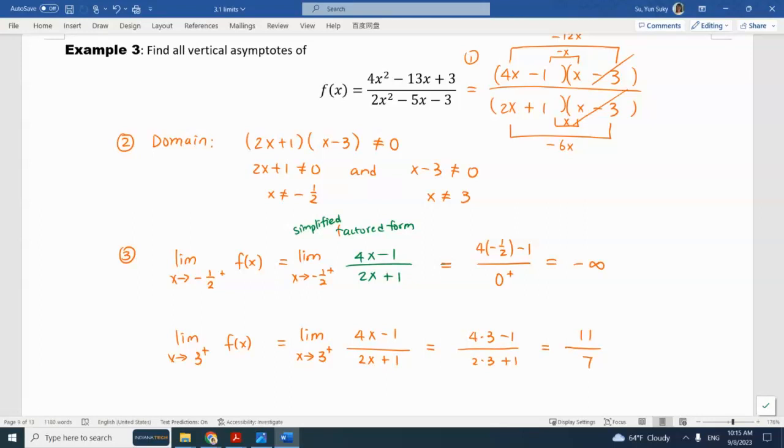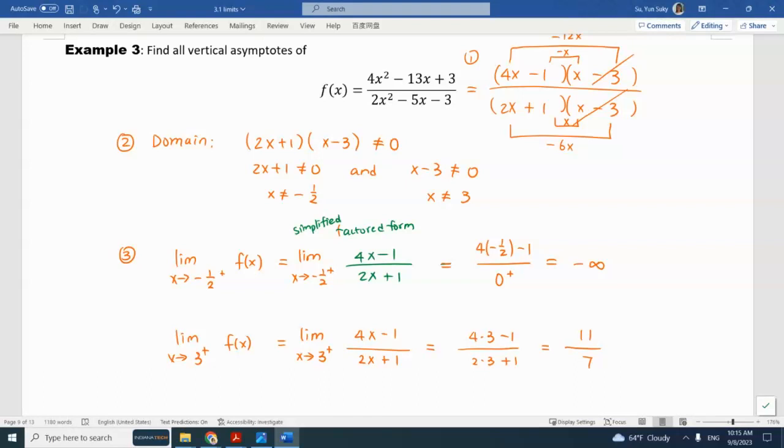It means the right side limit does not go to infinity or minus infinity, right? In this case, you also need to check the left side. And actually, you see here, when x goes to 3 from the left, you still do the same thing, you still plug in 3. You get the same number, okay?